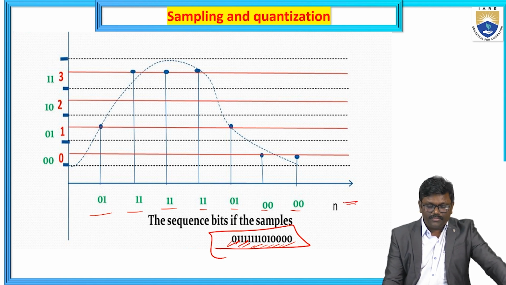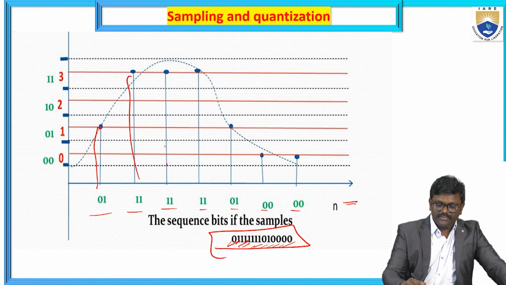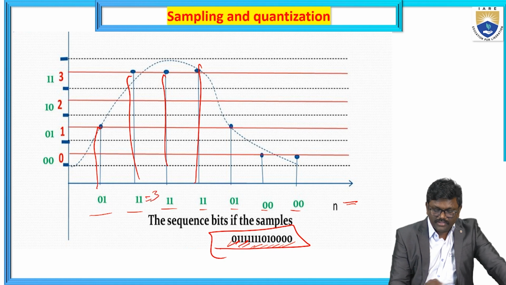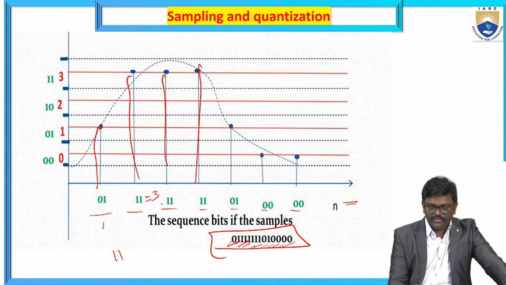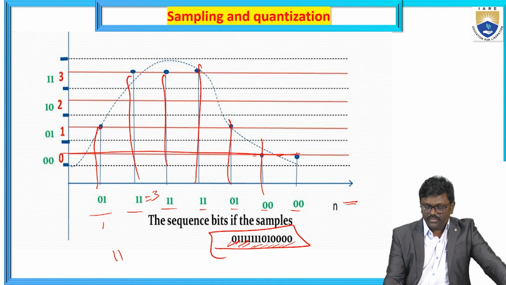This n value, suppose it is 1. Maximum it is 2 only. That is in terms of binary 3. 1 1 means the value 3. So maximum value will vary. It is 1. It is 0. Here 0 instantly.